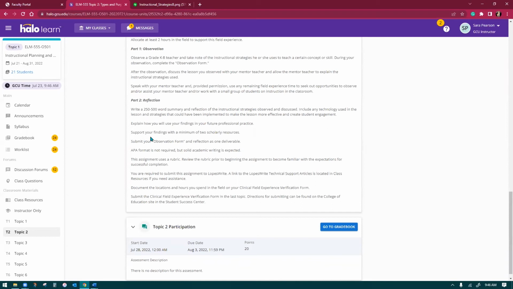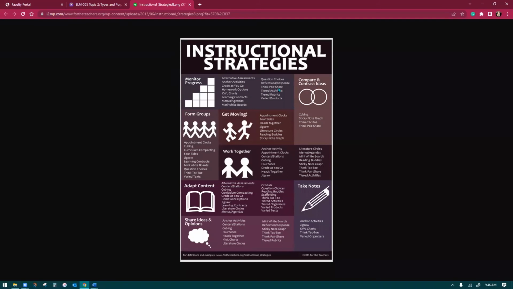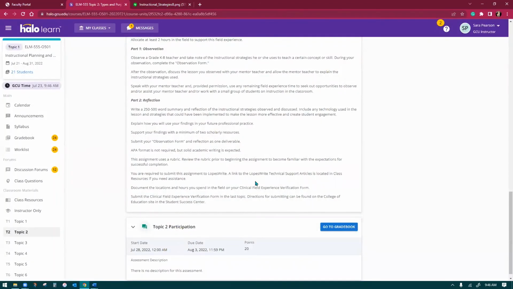You'll also want to support those findings with scholarly resources. So if you mentioned that the teacher used a think, pair, share, for example, you'll want to talk about why it was effective, why you might use it in the future practice, and maybe find some research on think, pair, shares and how they engage students in more of the content than if you just asked one student.